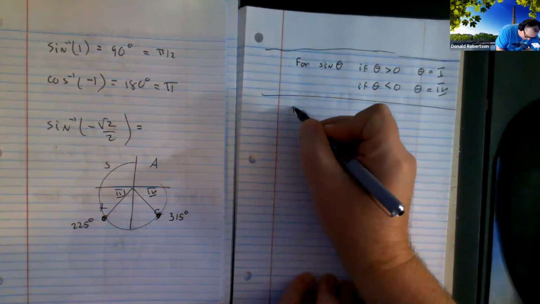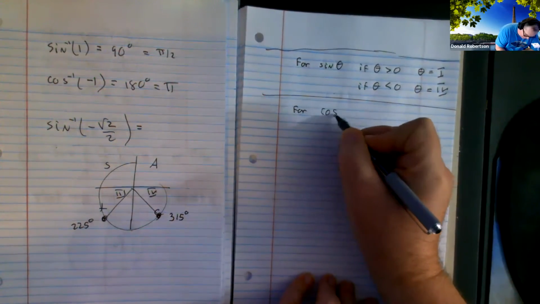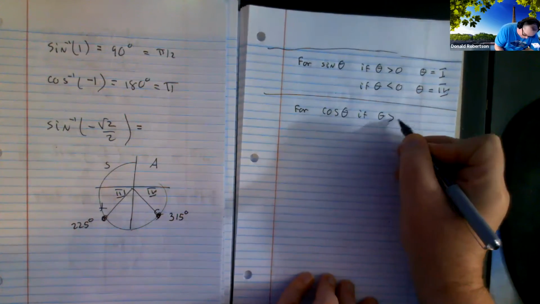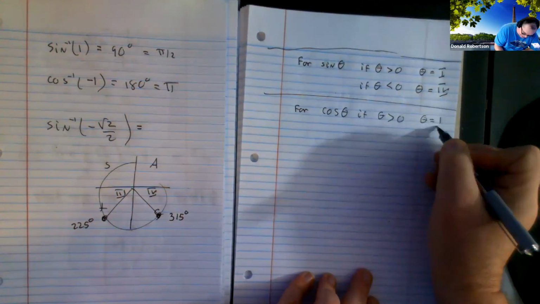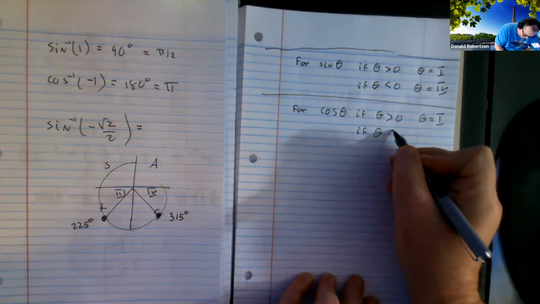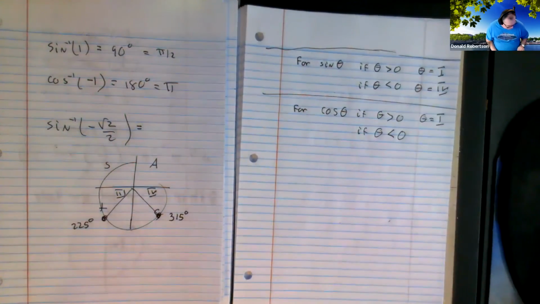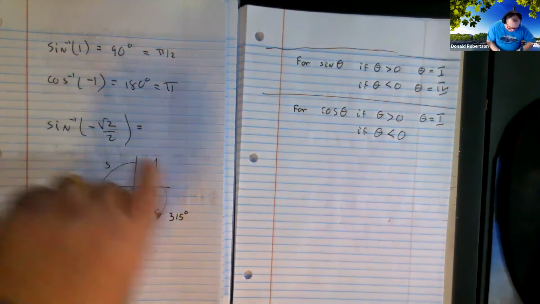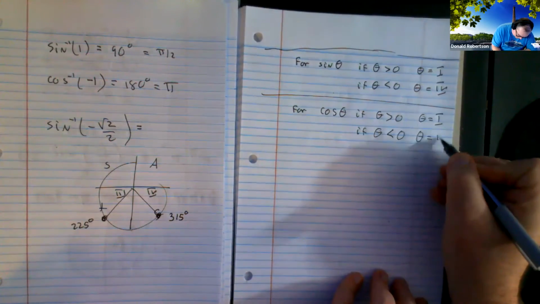Now, for the inverse cosine of theta, if theta is positive, pick the angle in the first quadrant. If theta is negative, the cosine is negative in the second and third quadrants, and you pick the second quadrant.